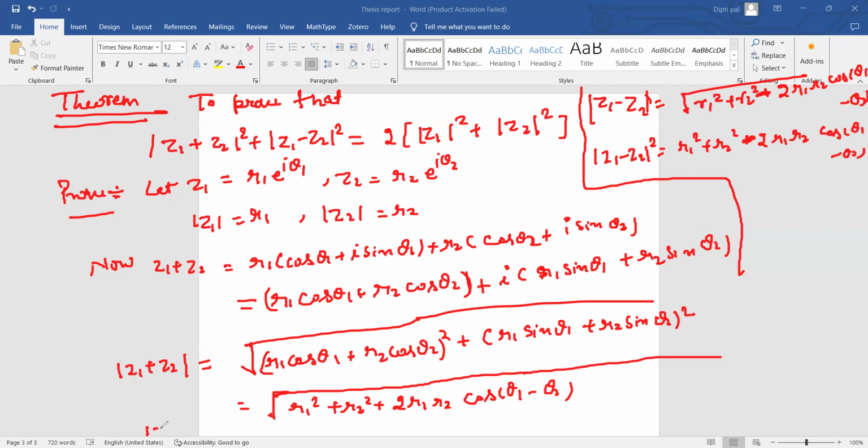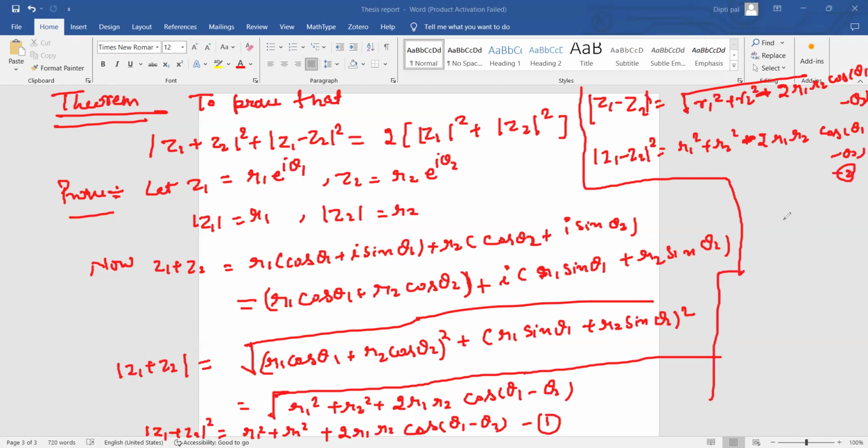And from here, modulus of Z1 plus Z2 whole square will be R1 square plus R2 square plus 2 R1 R2 cos theta 1 minus theta 2. This is equation first, this is equation second.